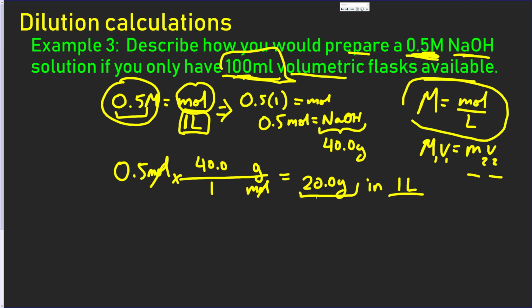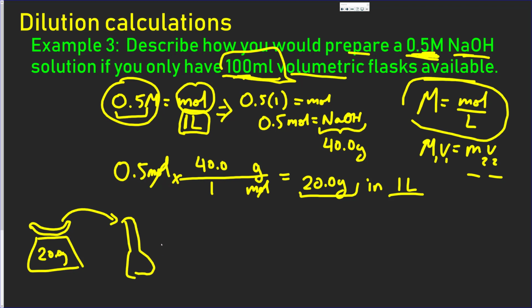Right now I have 20 grams in 1 liter. I'm going to weigh 20 grams on my scale and put this into a 1 liter volumetric. But we can't do that because we don't have any 1 liter volumetric. We only have a 100 mL volumetric.